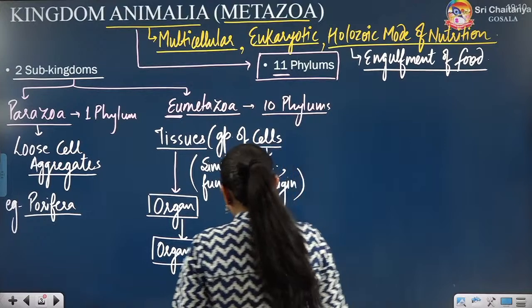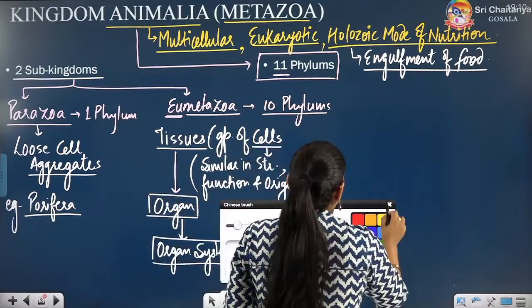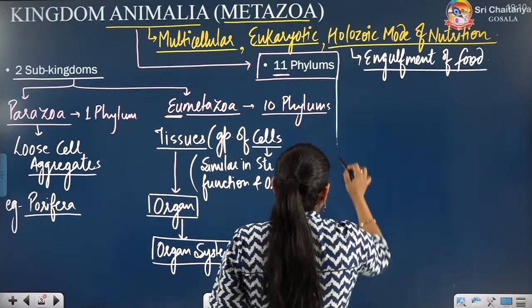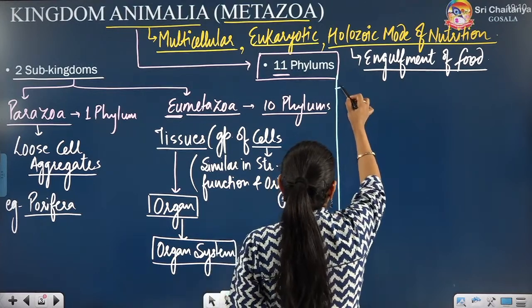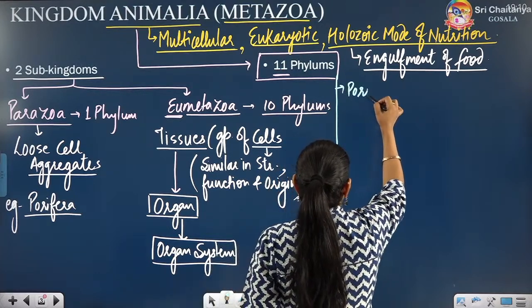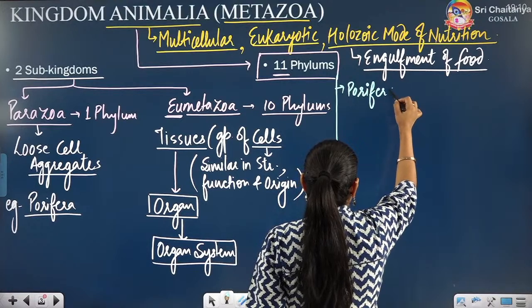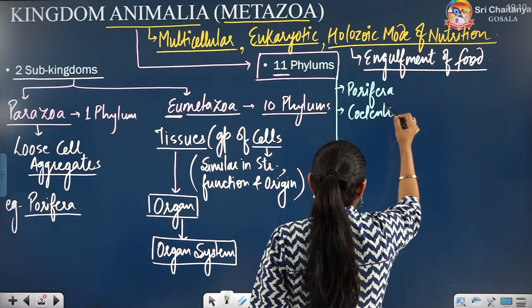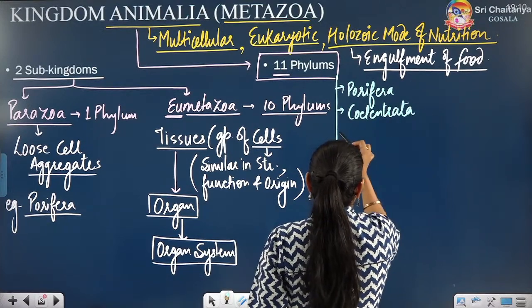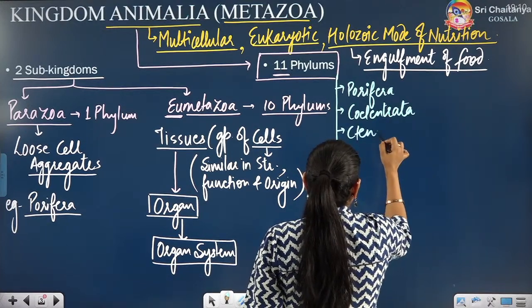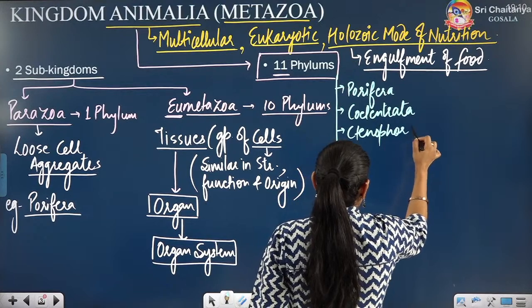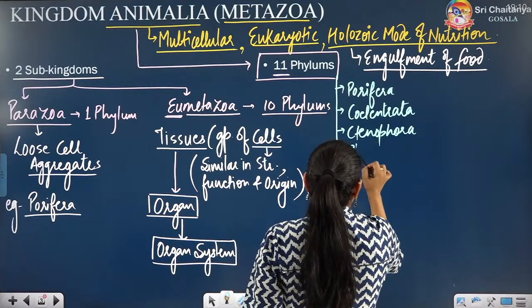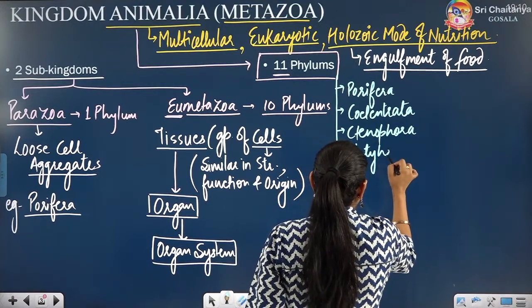Here we can write 11 phylums. So what are these 11 phylums? The first phylum is Porifera. The second phylum is Coelenterata. The third phylum is Ctenophora. The fourth phylum is Platyhelminthes.